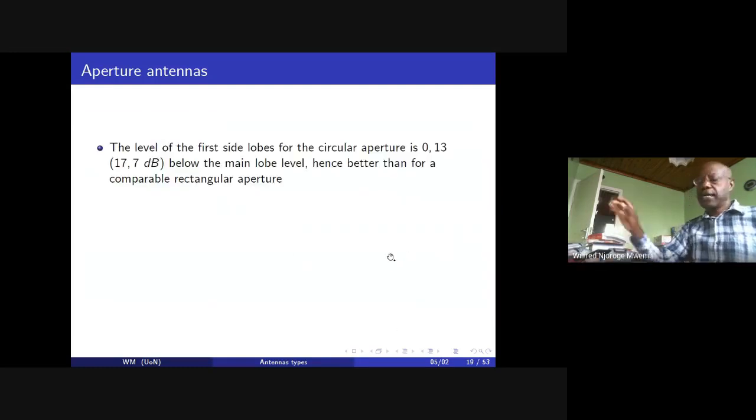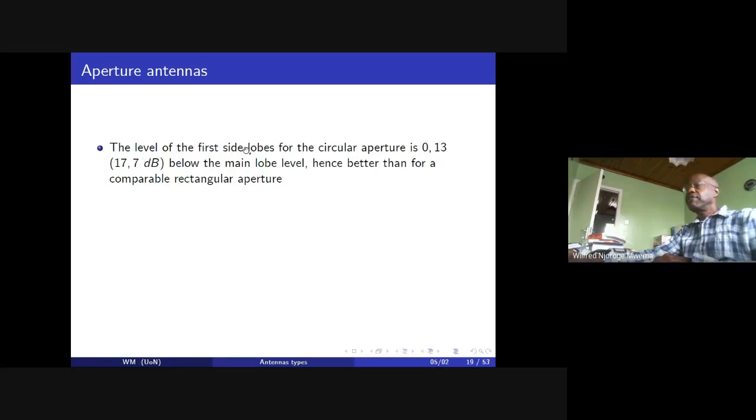But if you look at many of your satellite dishes, the DSTV dishes, you can see that the horn antenna that is feeding or illuminating the circular disc or the circular reflector is usually of circular form. We don't usually use the rectangular one, and this is just because of the ease of manufacture, so to speak.